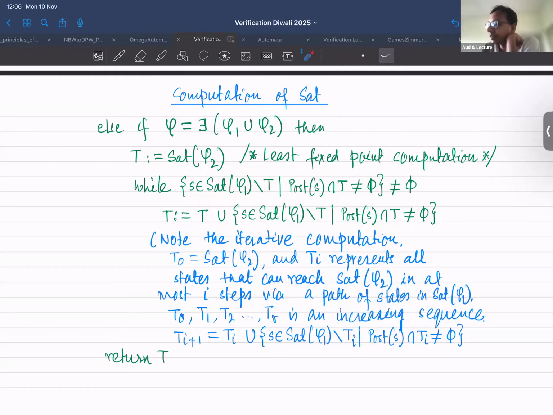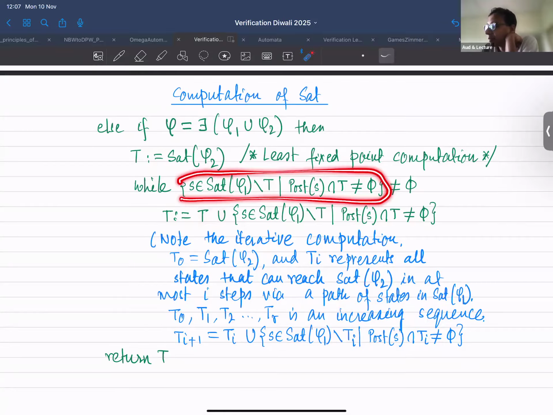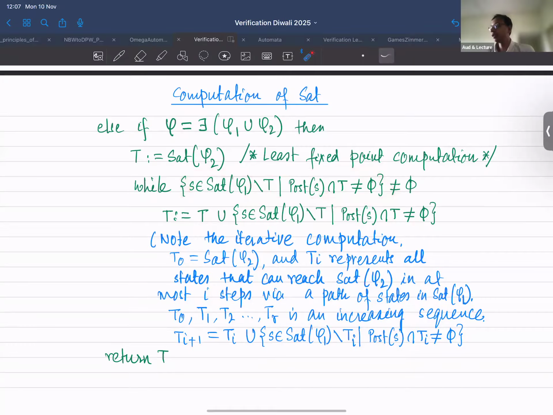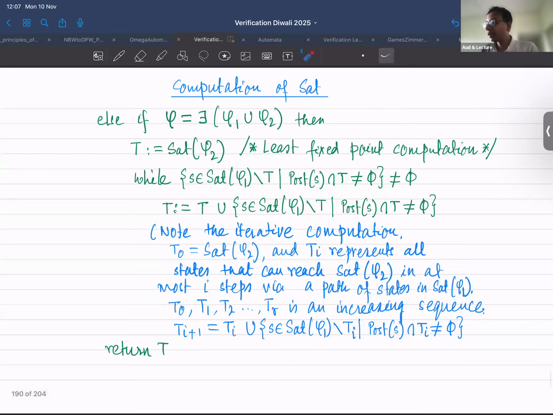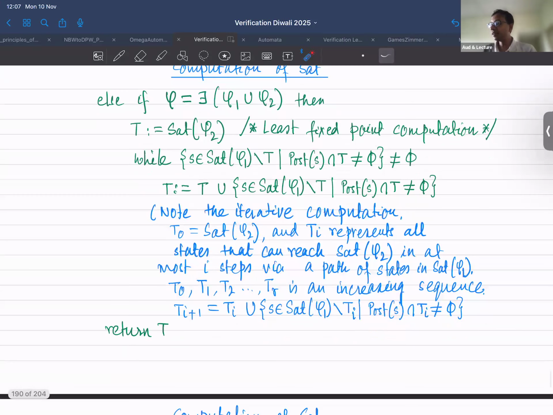As long as there exists some states which satisfy this, then you actually increase the set T by taking union with this set itself. T union this set. So you see that the set T is gradually increasing.